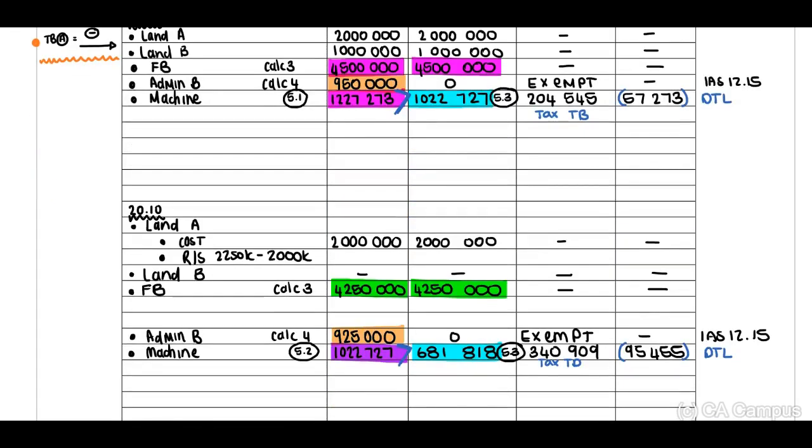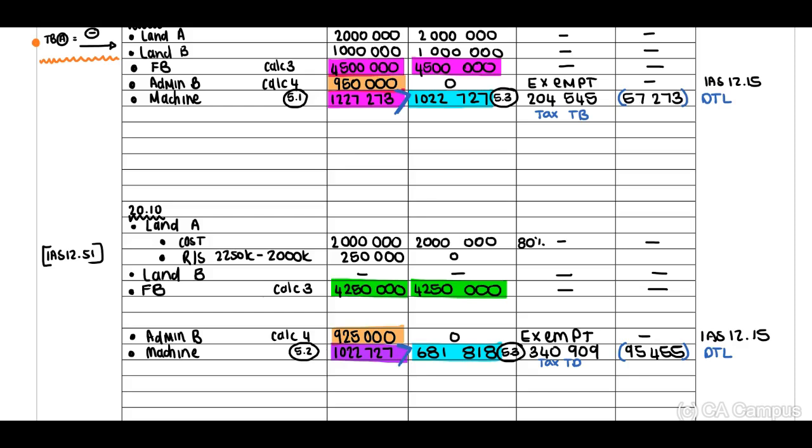And our revaluation surplus for accounting purposes is 250,000. For tax purposes, 0. This is purely an accounting entry. And then you need to remember in terms of IAS 12 paragraph 51C that if there's a revaluation surplus, it should be taxed based on CGT 80%.